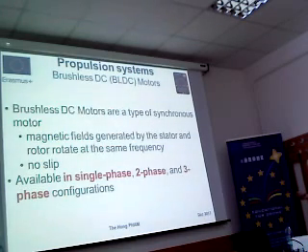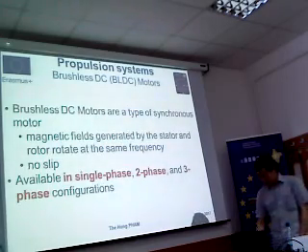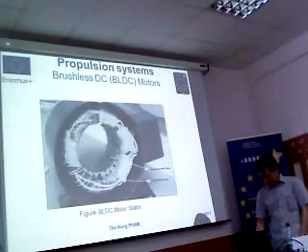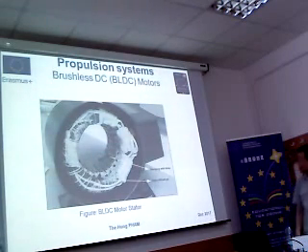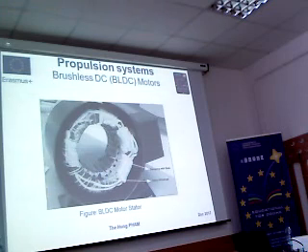But we will not go into detail on this one. We will see the principle of how to control it. So you can see this is the structure of brushless DC. We have the stator and the rotor.